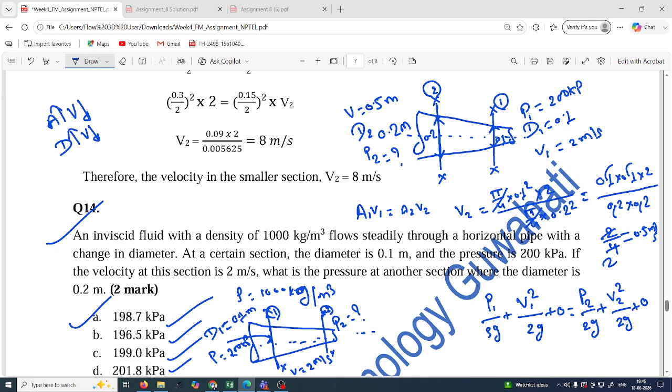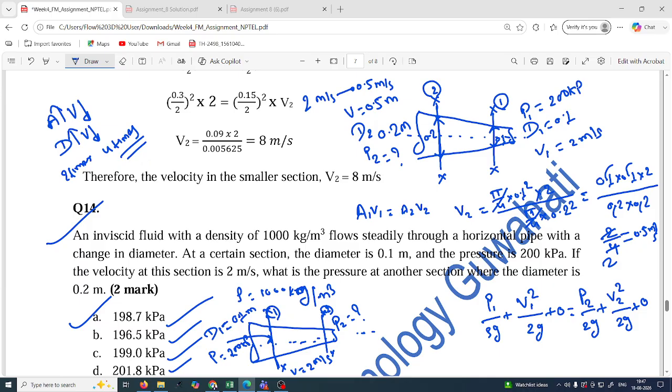Diameter is increasing 2 times, and velocity is decreasing how many times? Velocity from 2 meter per second comes to 0.5 meter per second. So it is reducing 4 times. When you multiply 0.5 with 4, you get 2, meaning the velocity is reduced 4 times.